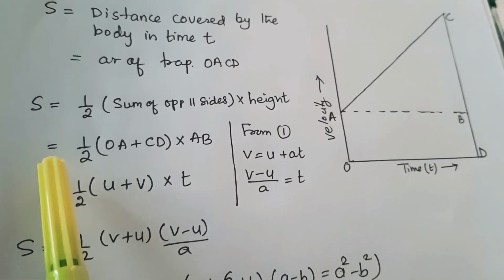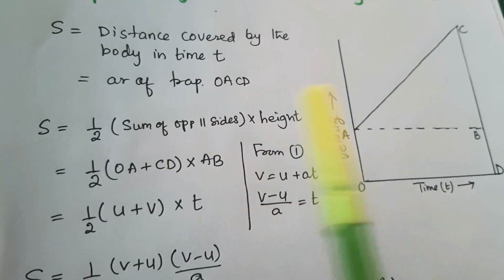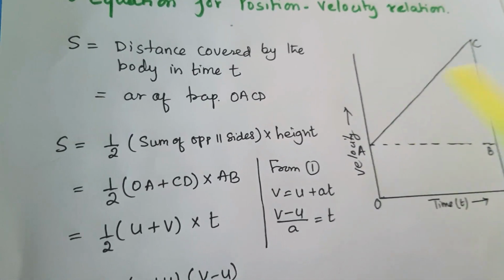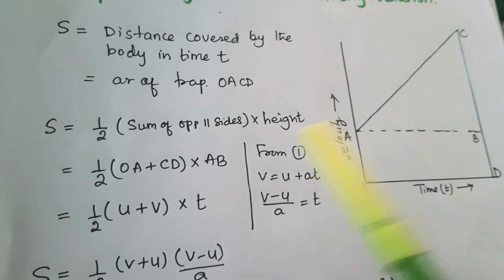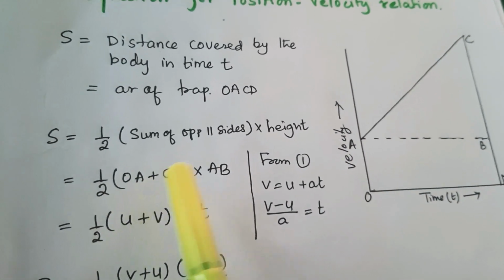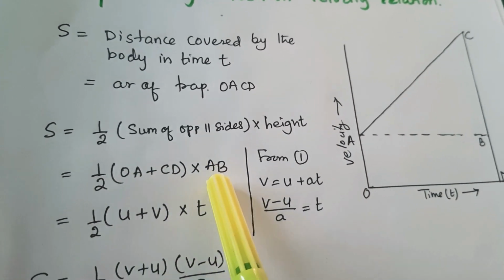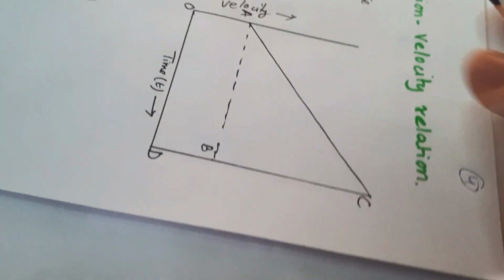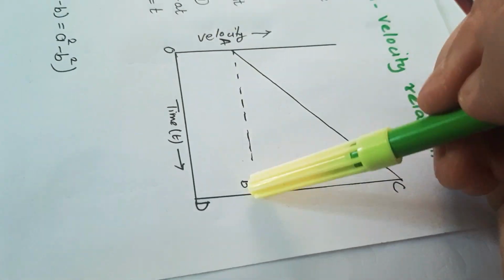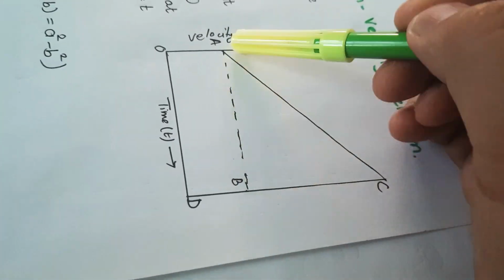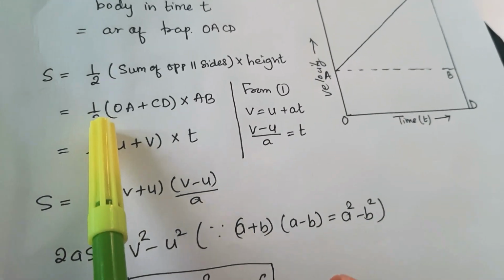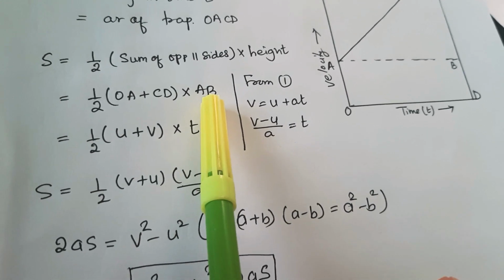OA and CD are parallel to each other, so I'll write OA plus CD into height. The height will be this AB, which is perpendicular. AB is equal to T. So it is half OA plus CD into AB.